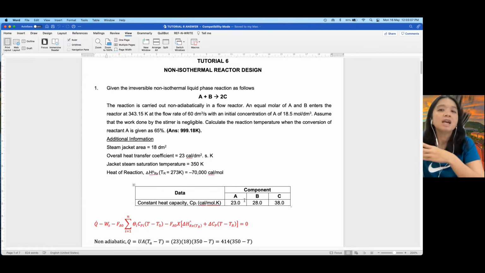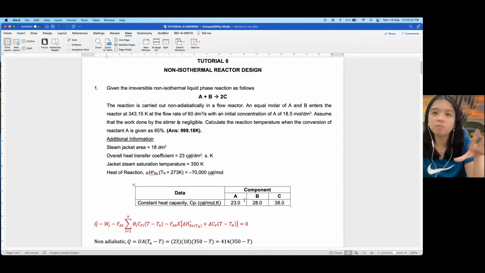As you can see, this affects the design of the reactors, and that's why we are introduced to a new equation. We call it the energy balance equation. This equation correlates two important parameters, conversion X and temperature T. Let's say you know your desired conversion and you would like to find out the temperature to achieve it.